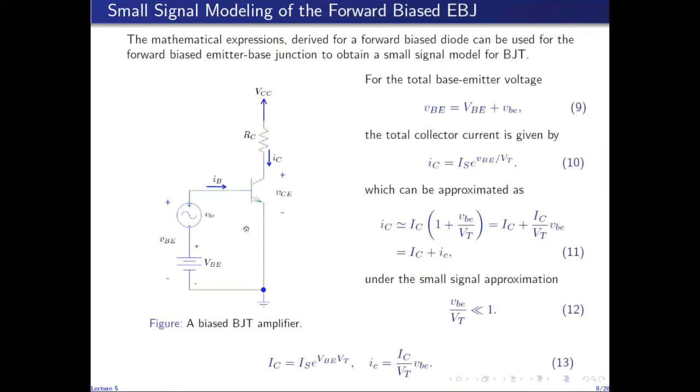If we kill the DC sources to perform just the AC analysis, then the base emitter port is excited by this AC signal VBE, and due to this excitation, the transistor draws a current IB into the base. So this ratio of VBE to IB, you can think of the base emitter terminals as constituting a port, which is excited by the small signal VBE, and the current entering the port through the positive terminal of the port.